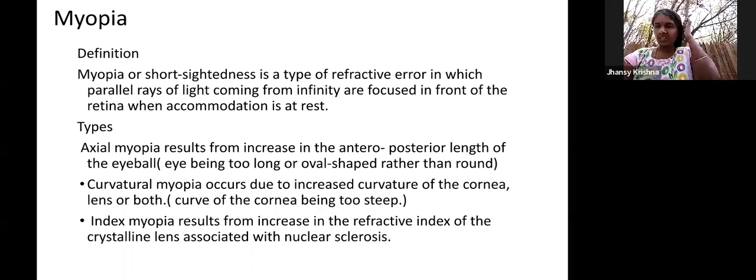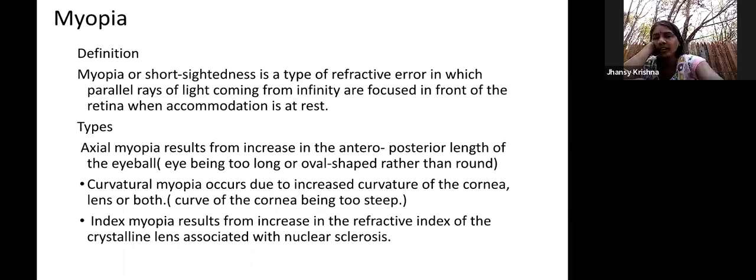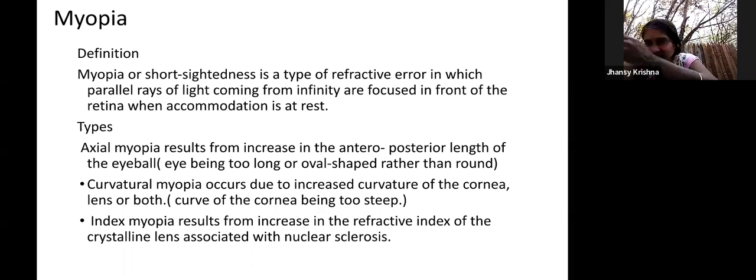Myopia. Now, the detailed description of myopia includes definition, types, causes of myopia, symptoms, and treatment aspect. Treatment aspect includes prevention of disease and management.